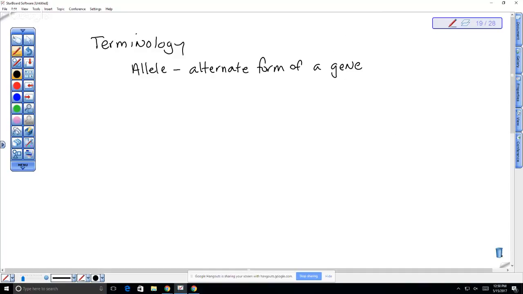Sometimes in the simplest examples, like with Mendel, he had a dominant versus recessive. So the dominant allele is a capital letter, and the recessive allele is lowercase.